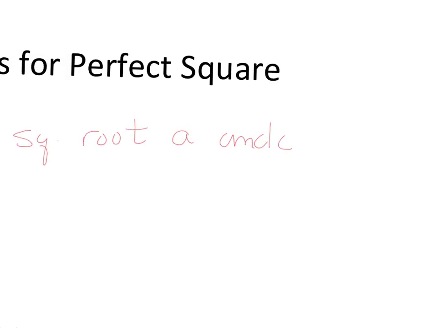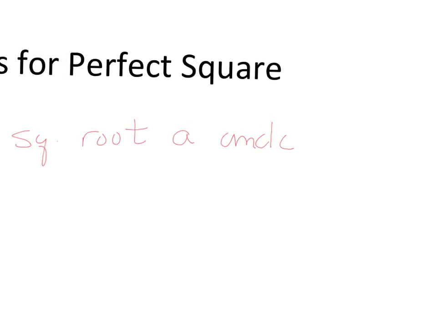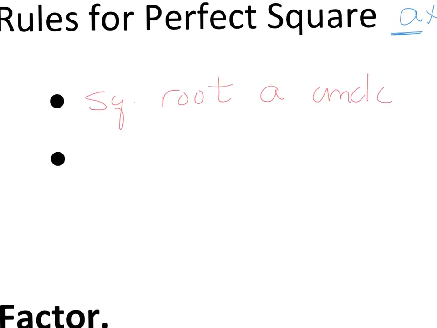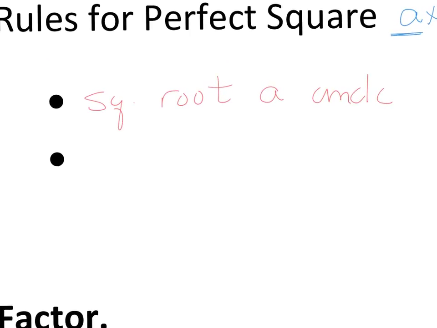Keep in mind that we are talking about this in the form of ax squared plus bx plus c. So we're going to square root the first and the last term, the a and the c. And then we're going to look at the middle term.